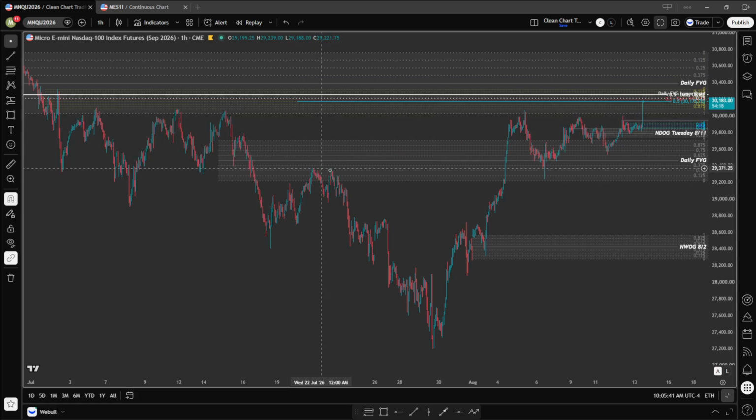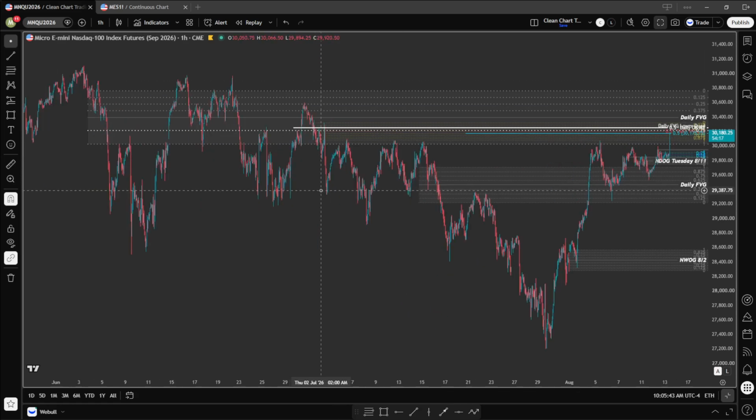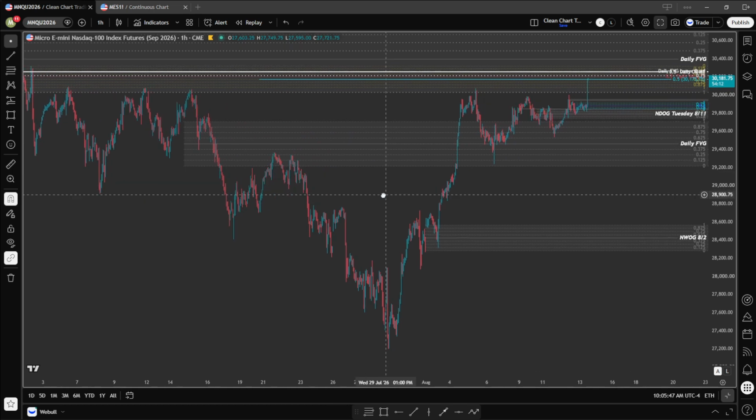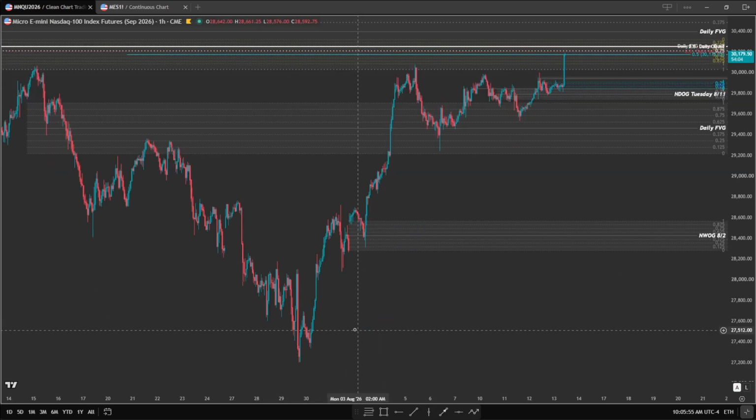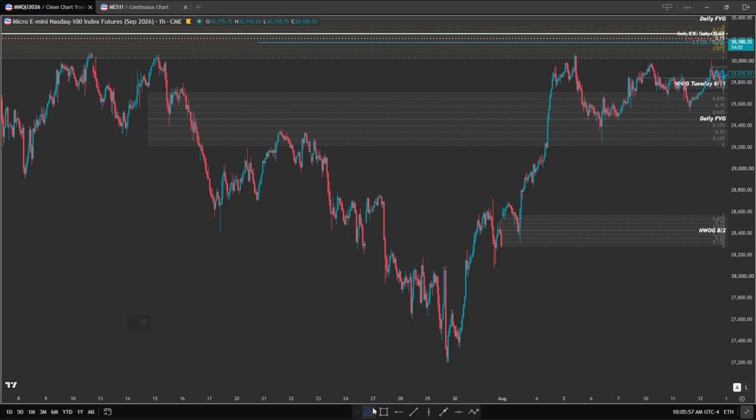It's a lot of work trying to keep the chart clean. That blue line is a projection of this hourly range. I already have it. I'll just copy paste it because I have it on my other chart.